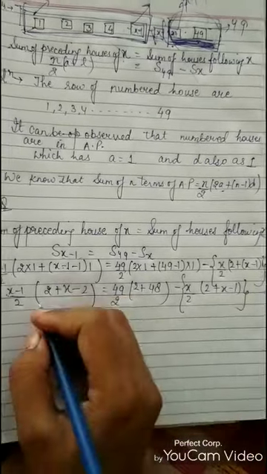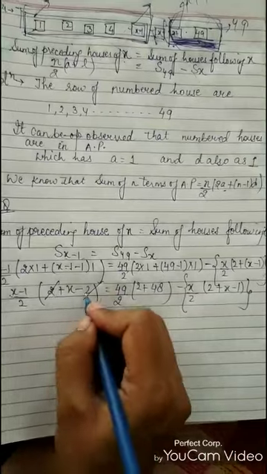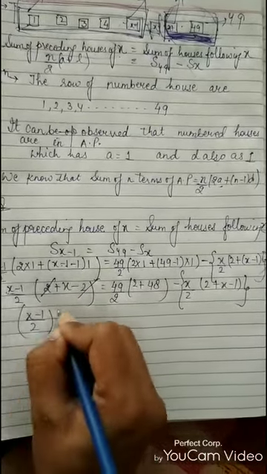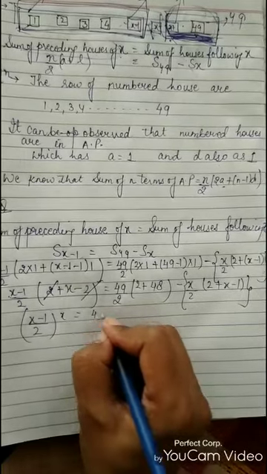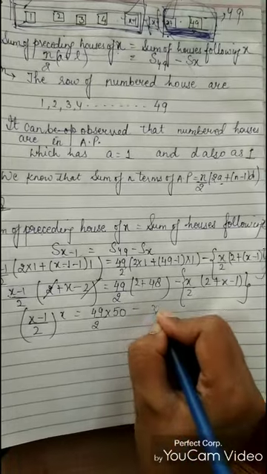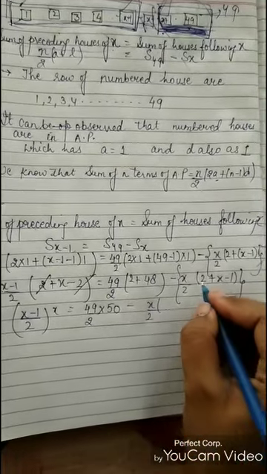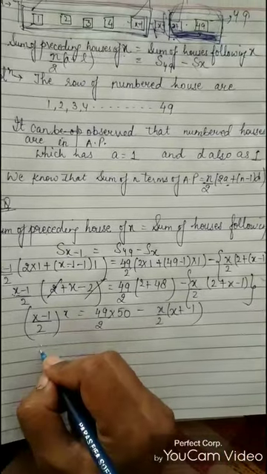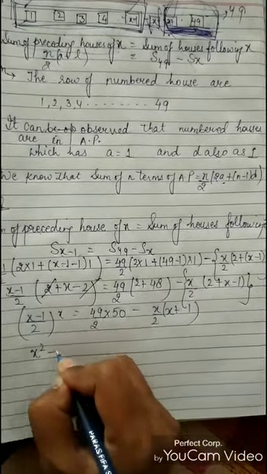On solving this, 2 got cancelled because plus minus, (x minus 1) upon 2 into x is equal to 49 upon 2 into 50 minus x upon 2, and here it is x plus 1. So this is (x square minus x) upon 2.